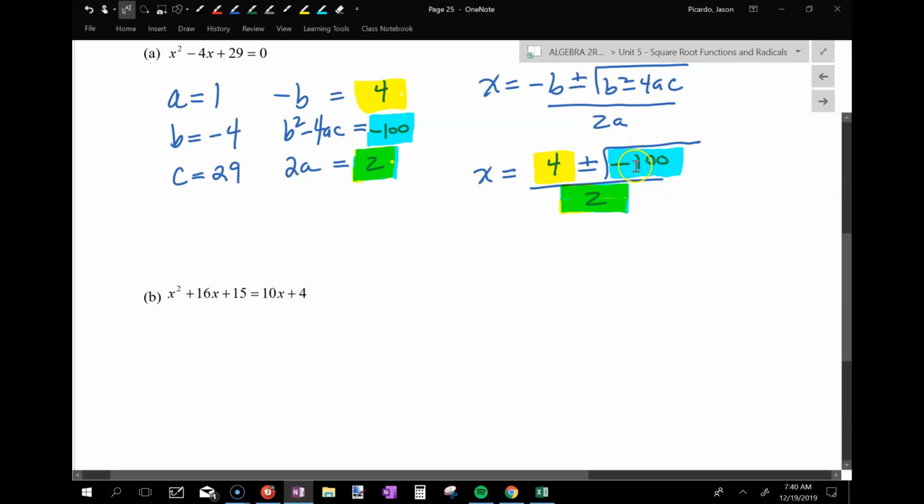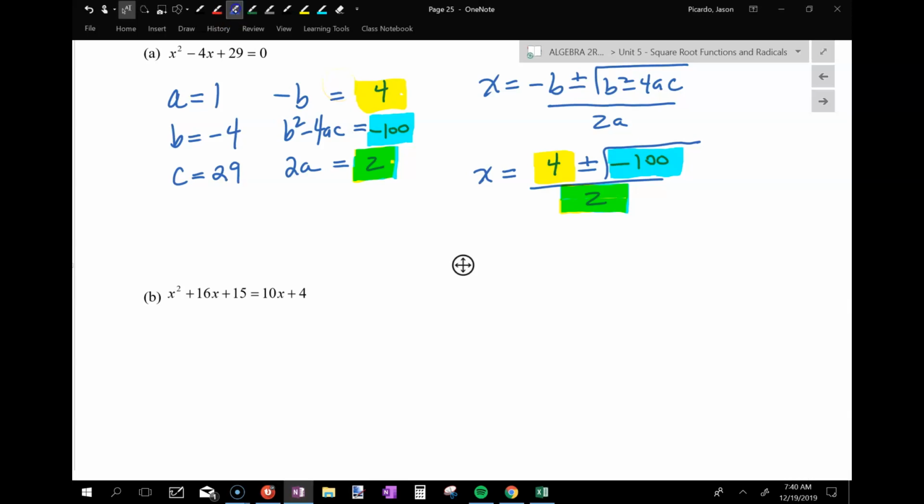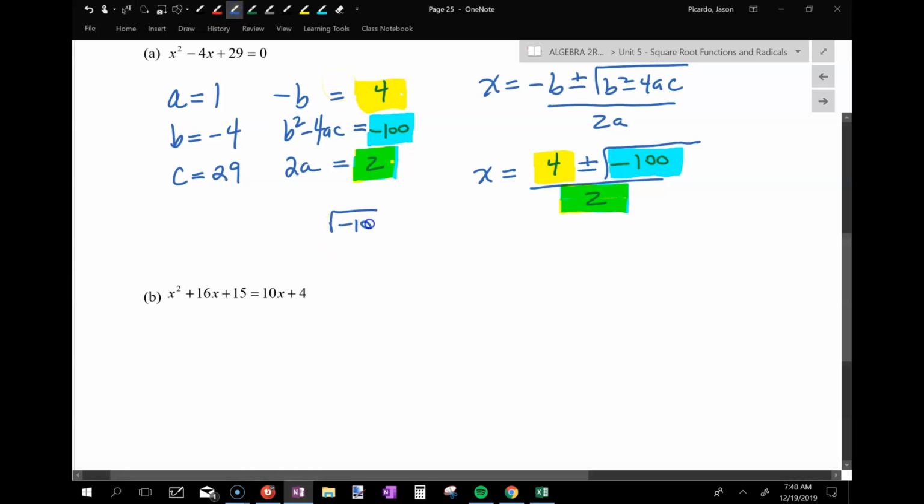Well, yeah, we said that the square root of -100 can be rewritten as the square root of 100, bless you, and the square root of -1, right? So what's the square root of 100? 10. And what's the square root of -1? i. So this is 10i.